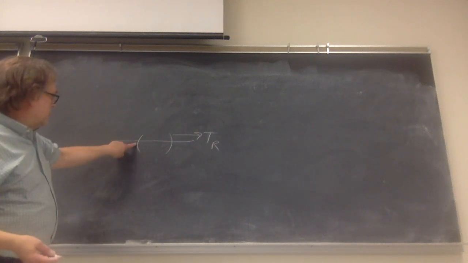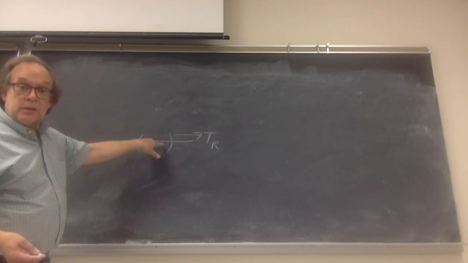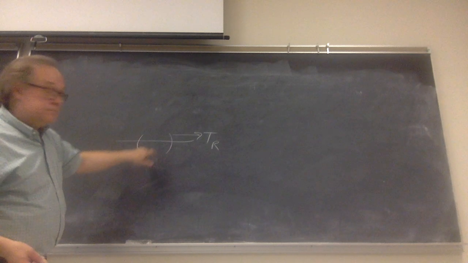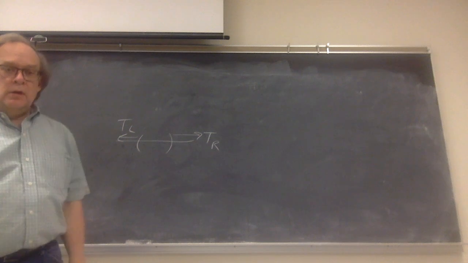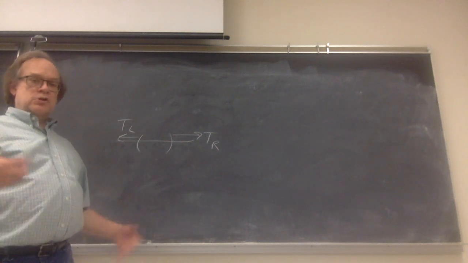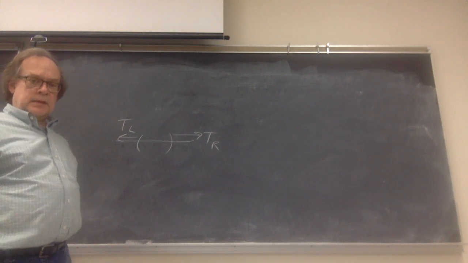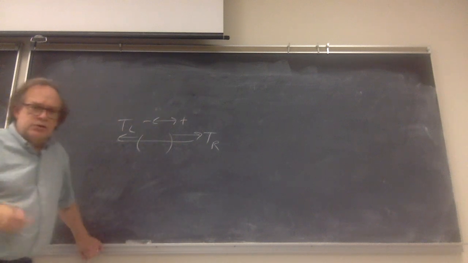And similarly, there's a tension force from this piece of rope pulling the other way on the piece of rope that we're focusing on. So there's a leftward pull from the rope to the left of this middle segment. So those are the forces, and then we'll say that this is the positive and this is the negative direction.